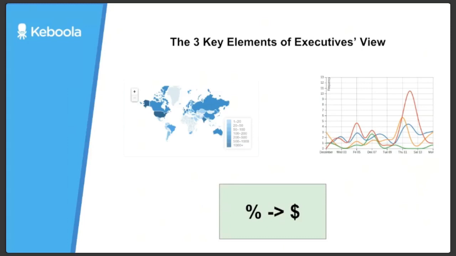Time series element is also an integral part of this view because it helps benchmark performance and monitor improvement initiatives. As the key strategic objectives are usually closely tied to financial goals, converting operational metrics such as conversion rates into potential monetary value can make the information more relevant to senior management audience.